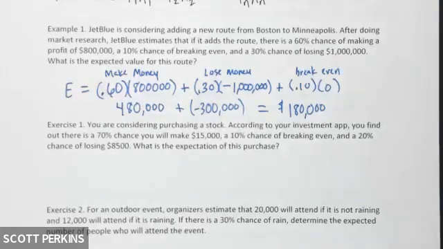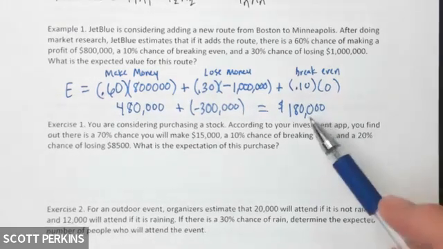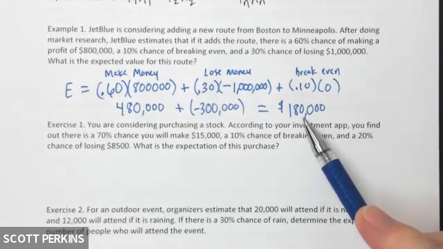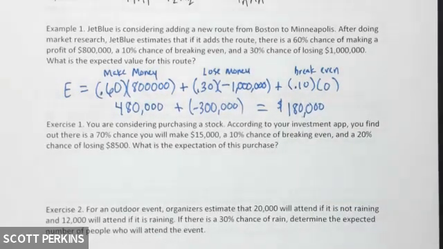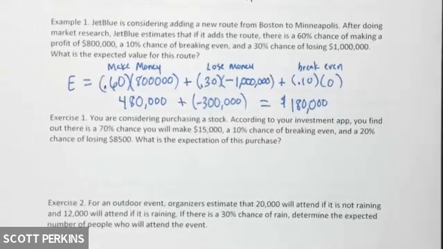If you were a decision maker for JetBlue, you would say, yes, that's something we want to do because we expect in the long term to consistently make money. If this was a negative, you would say, no, we don't want to get into something where we expect to lose money consistently over the long term. And that's the determination that expected value helps you make.